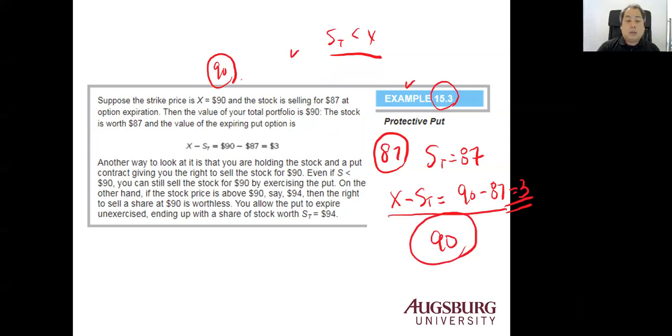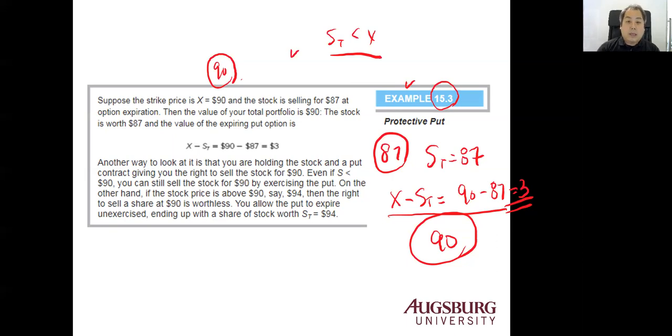So that's your payoff. Another way to look at it is that you are holding the stock and a put contract giving you the right to sell the stock for $90. Even if the stock price is below 90, you can still sell this stock for $90 because you have the put option. So you have $90 value all the time.